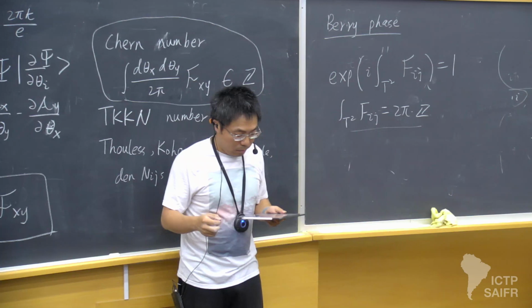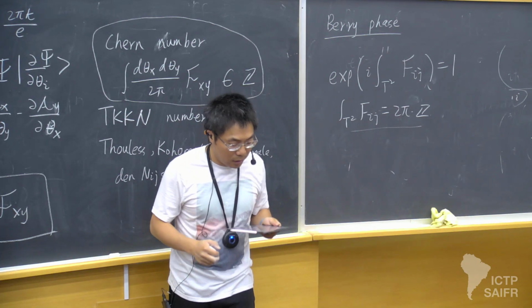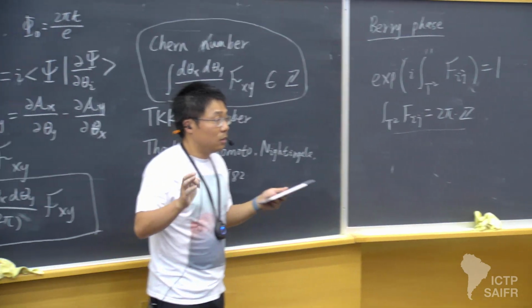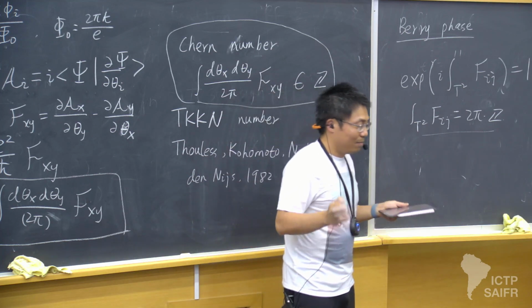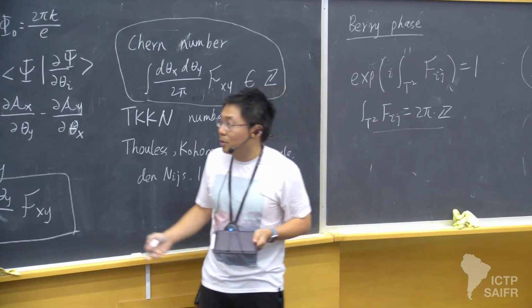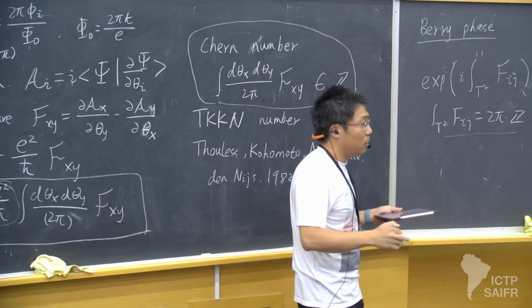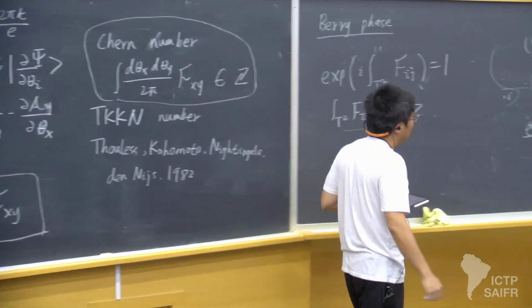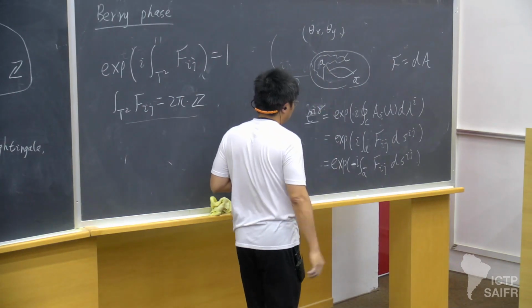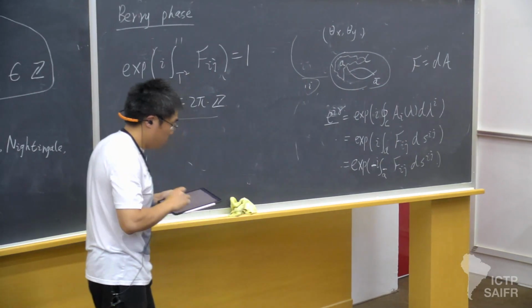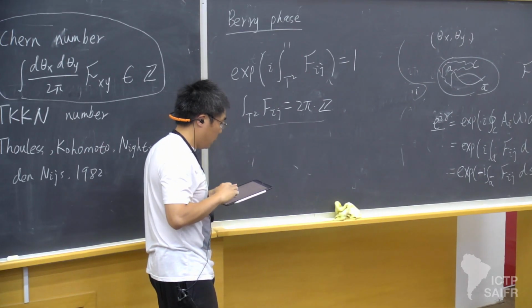And as I have already explained, electromagnetism is one simple example of those connections and curvatures, which we learned in quantum mechanics. I just try to connect this discussion with something you might be more familiar with.